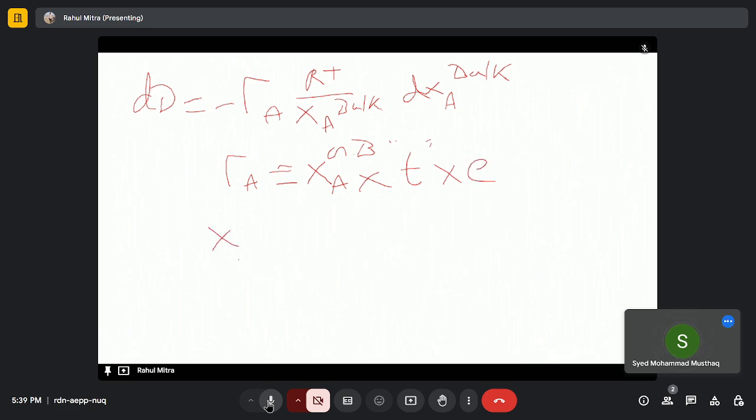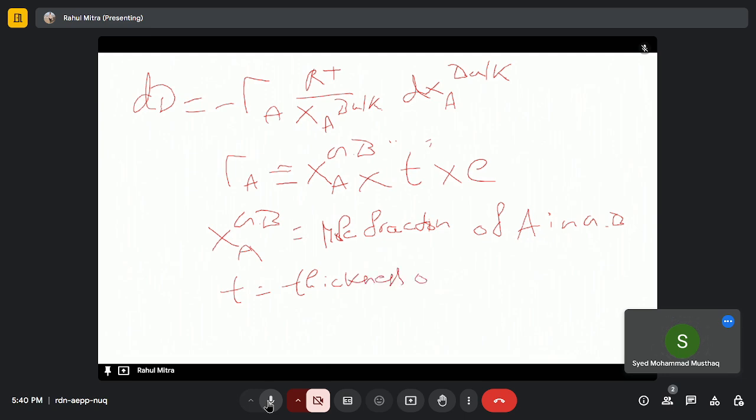Let me write it: XA, the mole fraction of A in the grain boundary, T, the thickness of the grain boundary, and D, the density of the grain boundary. Now let me add a few more slides.